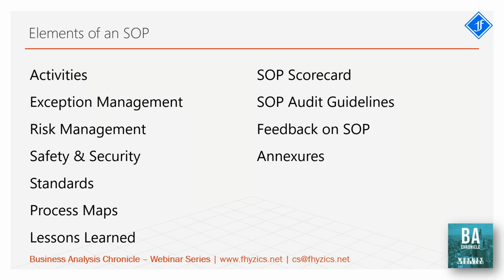Then SOP audit guidelines. Many a time you will find there are SOP custodians. Companies appoint a position called SOP custodian. I have seen different kinds of positions in this role. In some organizations, I have seen the lead or senior business analyst performing it. SOP custodian means he is the owner of this SOP. Anything that goes wrong in terms of SOP, he will be questioned.